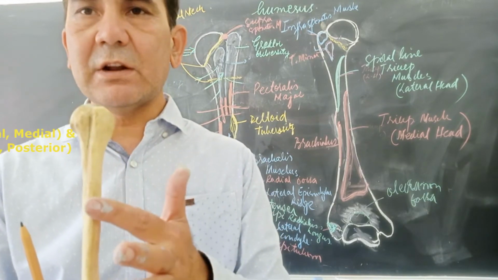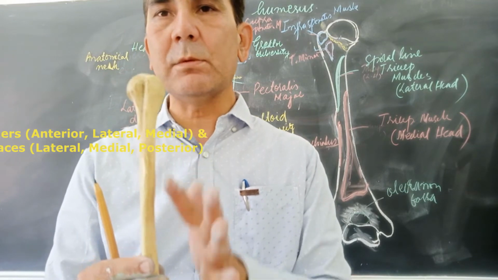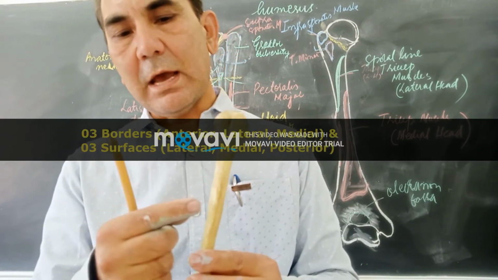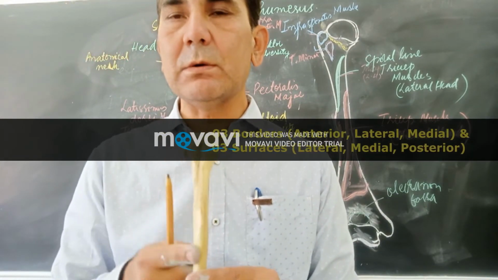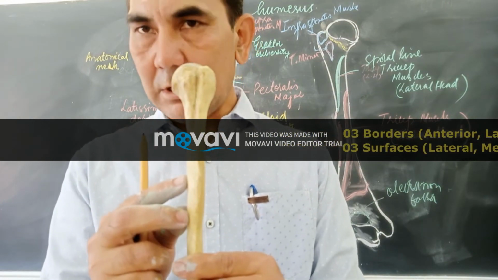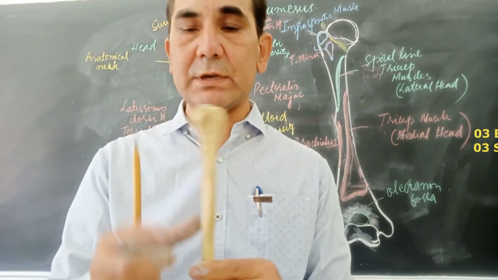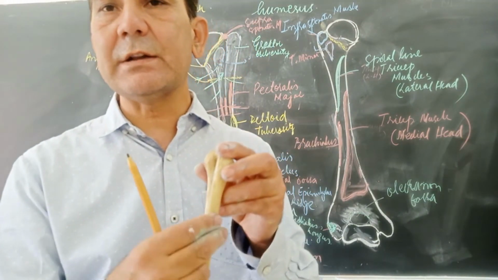The surface between the anterior and lateral borders is the lateral surface. From the anterior border towards the medial border is the medial surface. Between the medial and lateral borders is the posterior surface. So there are three borders and three surfaces at the shaft.